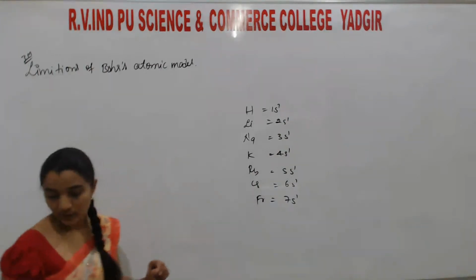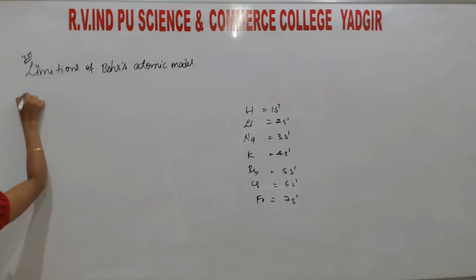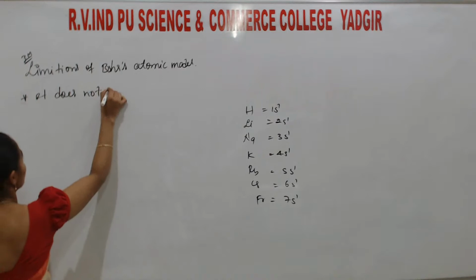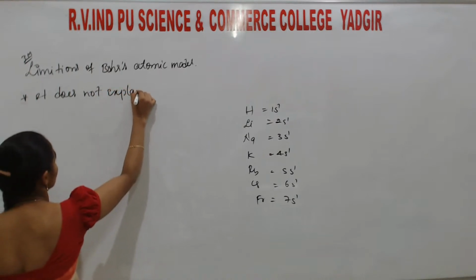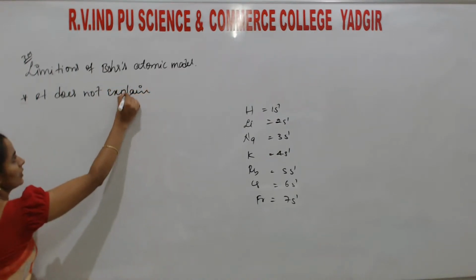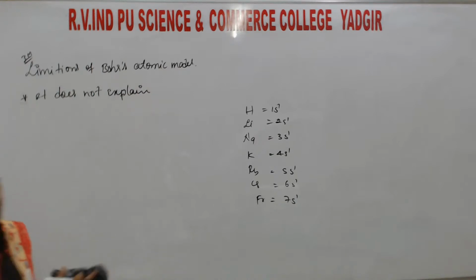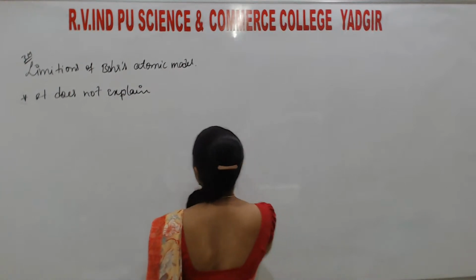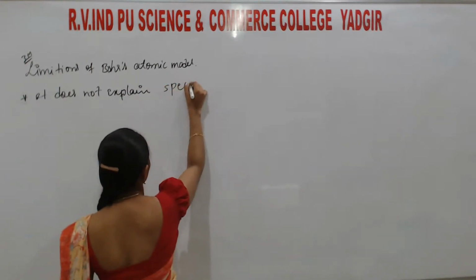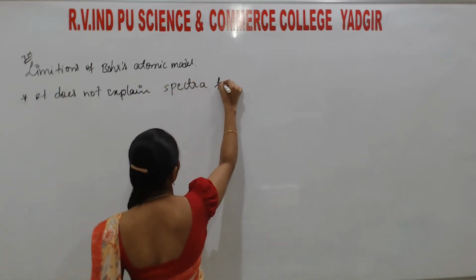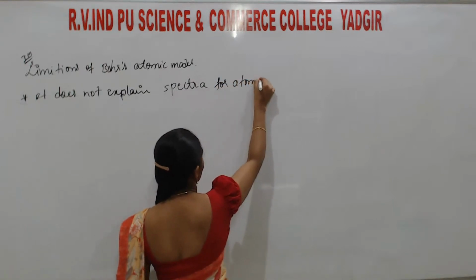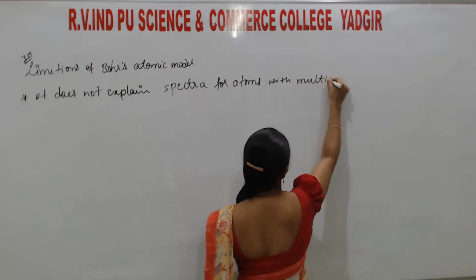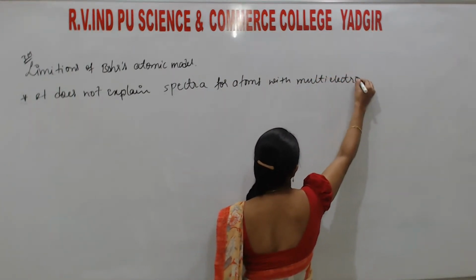Understood? So the first limitation is that it does not explain spectra for atoms with multiple electrons.